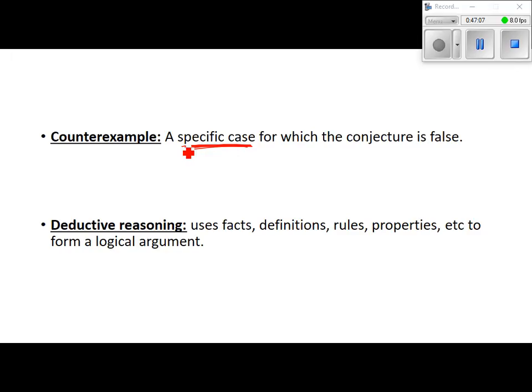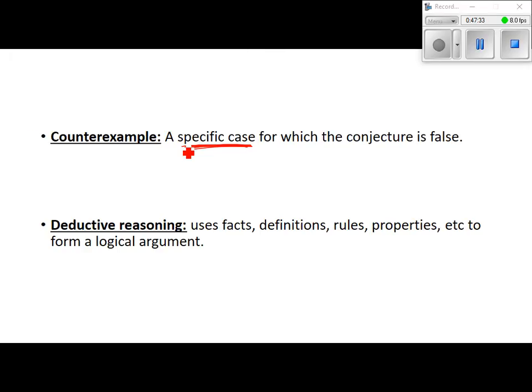What's your name, Caleb? Count up the letters. How many in your first name? 5. Now count up the number in your second name. 8. So 13 total. Is that less than 10?